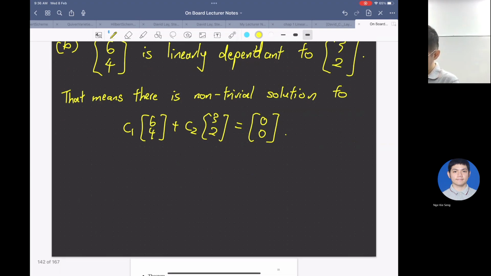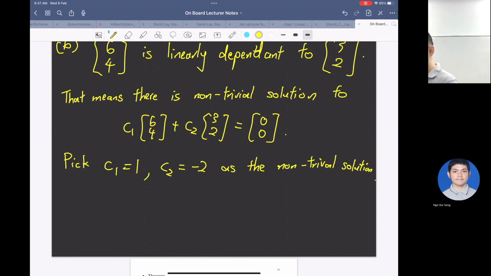So you can pick C1 equals 1, C2 equals -2. Non-trivial solution. Let's play around with this equation again. What does this mean? This means that 1 times (6, 4) minus 2 times (3, 2) is equal to (0, 0).